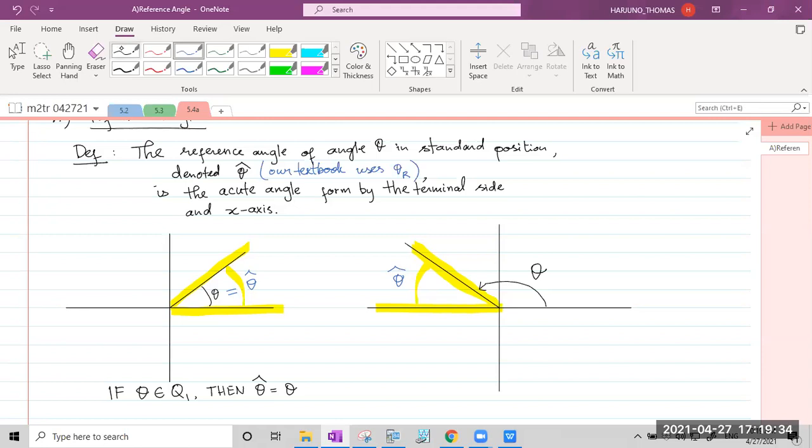So if the angle is in quadrant 2, then the reference angle is the supplementary angle of theta: 180 degrees minus theta.